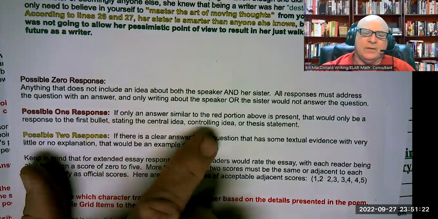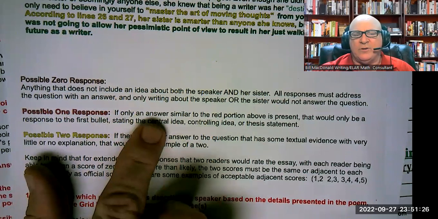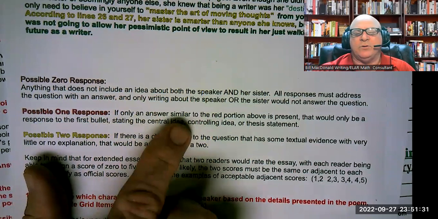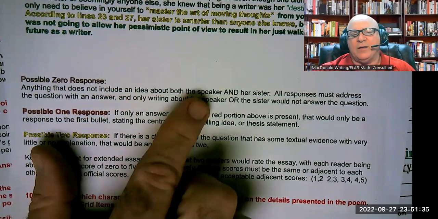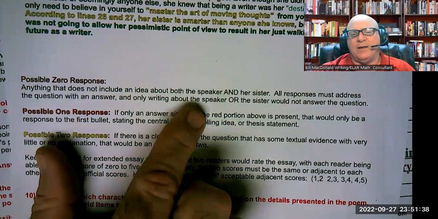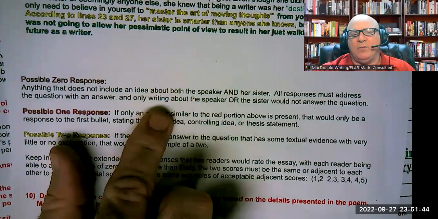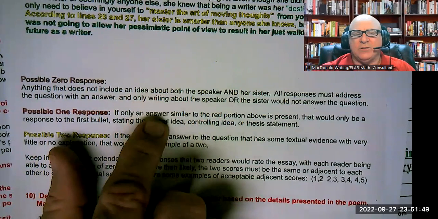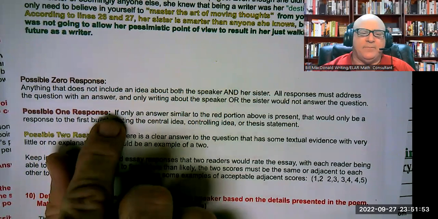Let's say that they give evidence about the attitude of the sister or the attitude of the speaker, but they forget to answer how that affects, then they didn't really answer the question. They were just giving evidence. So you might only be able to give 1 point for that kind of response. Remember, answer or evidence only gets you a 1.